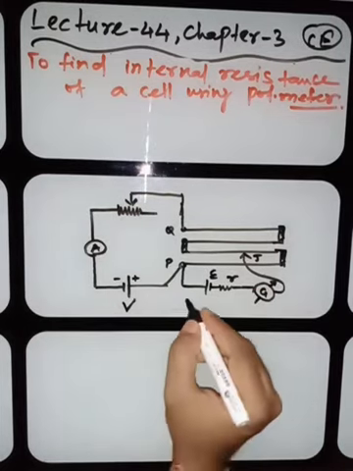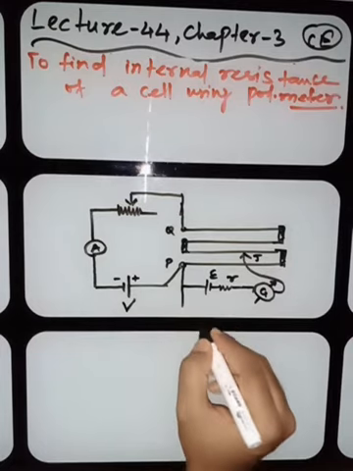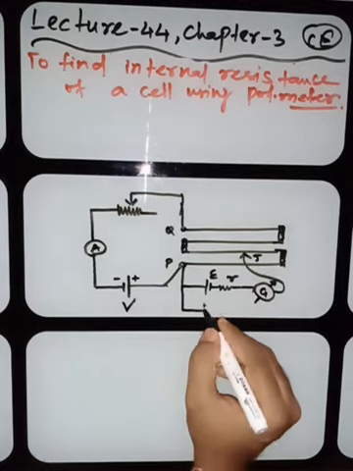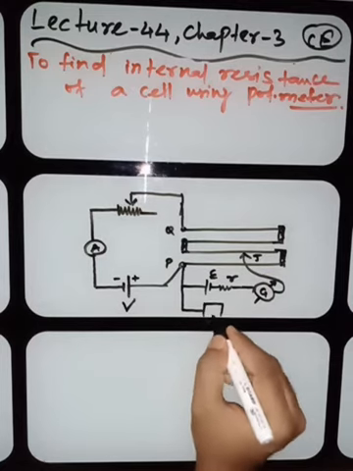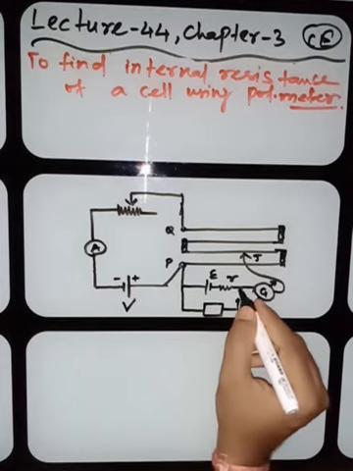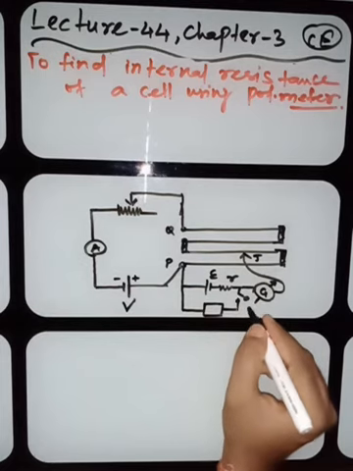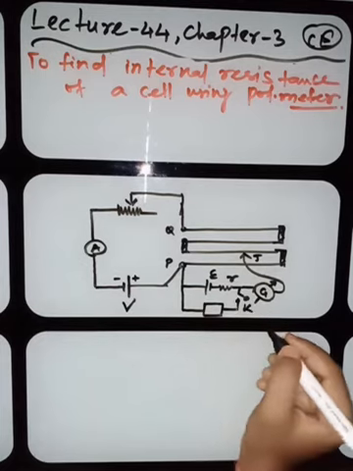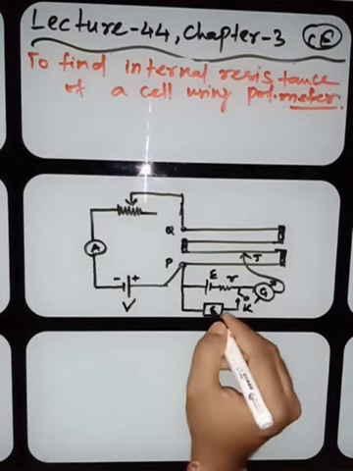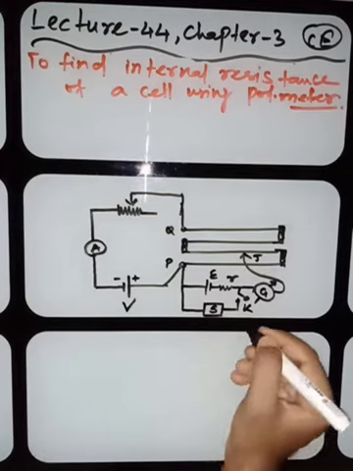Now we have another branch over here, and this is a resistance with a key. Okay, this is the key K, and I'm writing S inside the box.